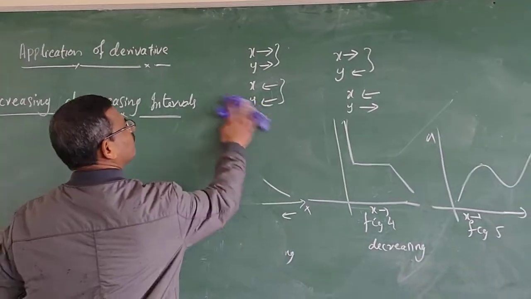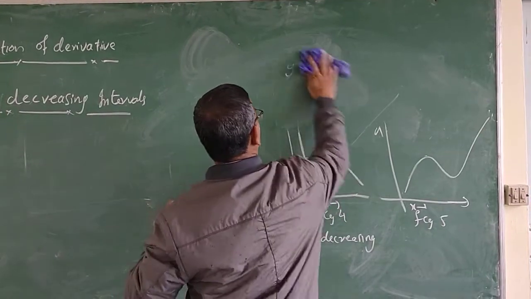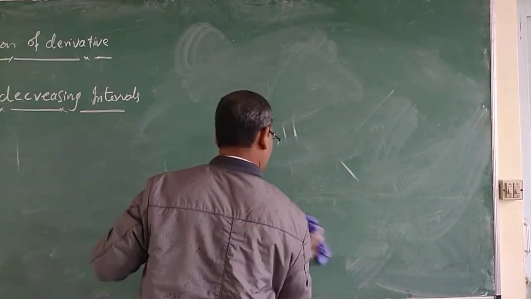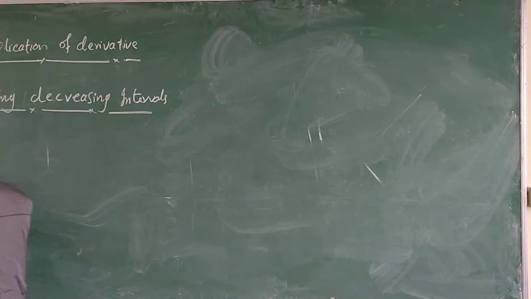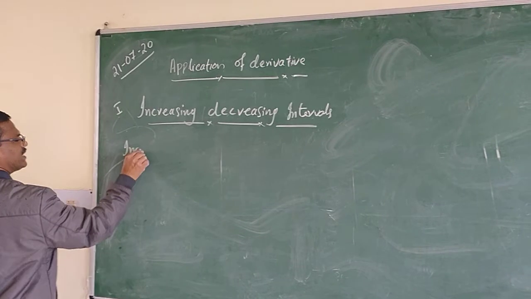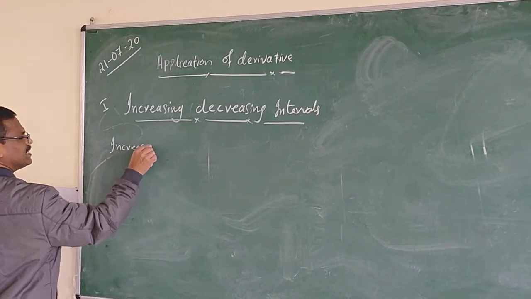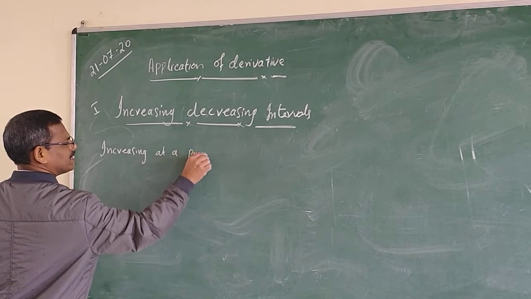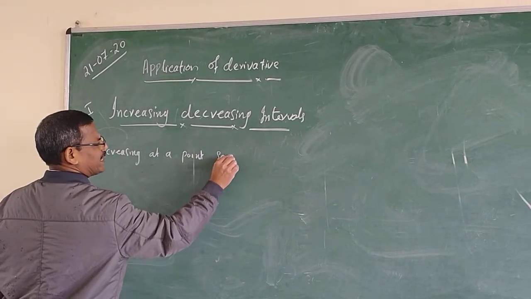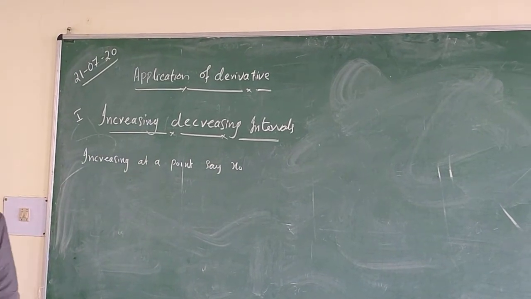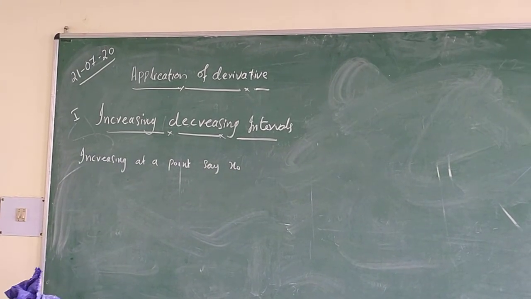Now, we have mentioned the definition of increasing and decreasing in a particular interval. Now, what about one more definition, increasing and decreasing at a point? Let me take increasing at a point. We already have the definition of an increasing function in an interval.